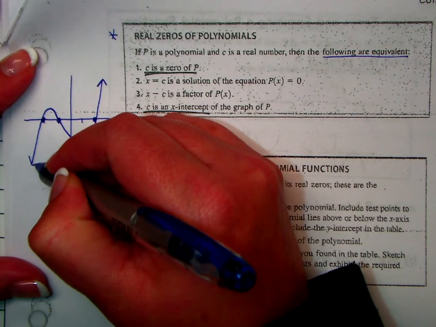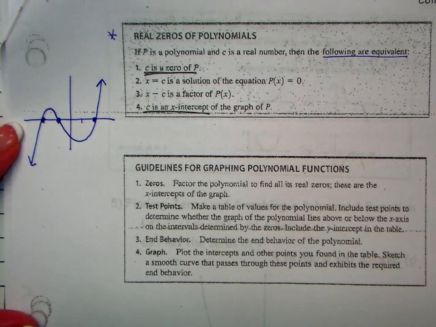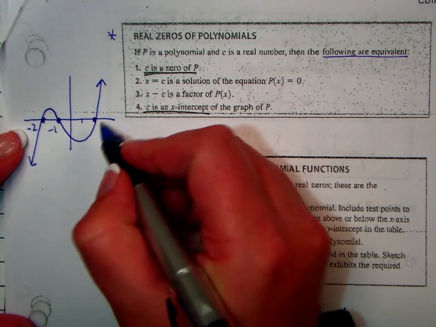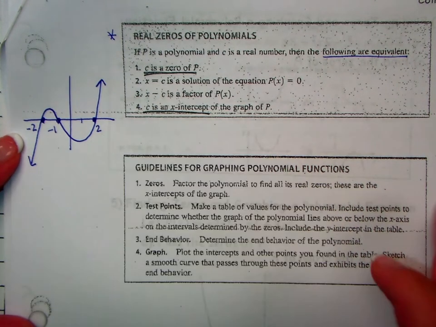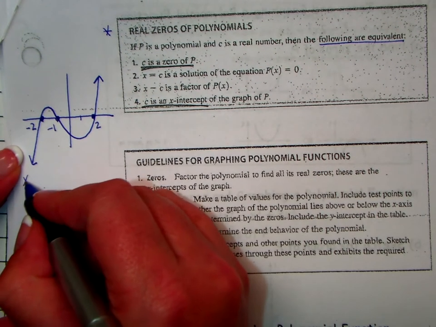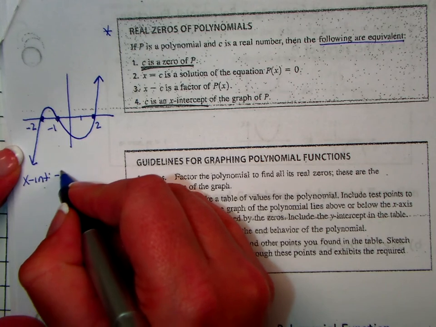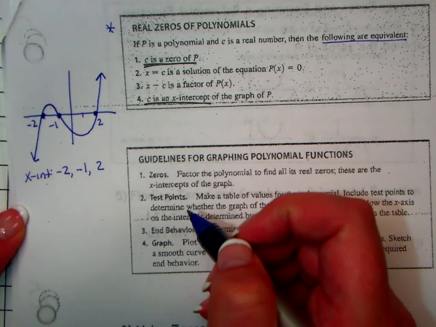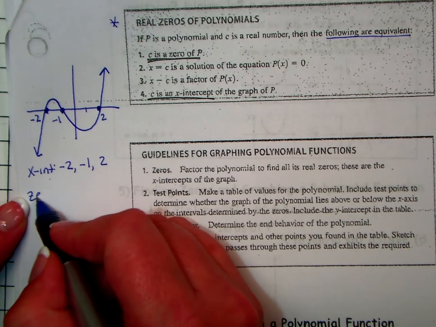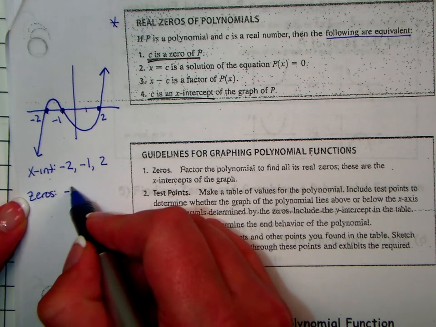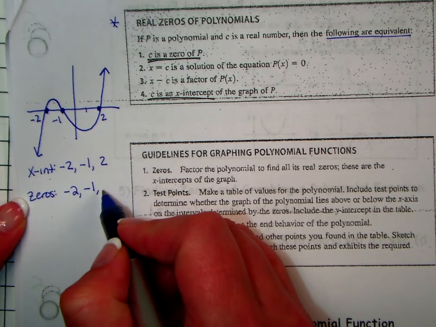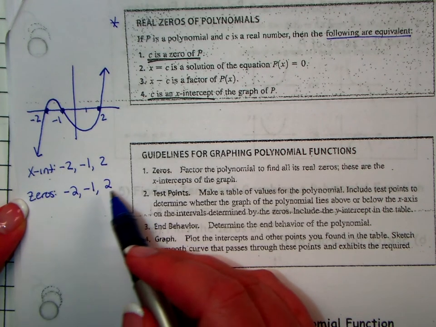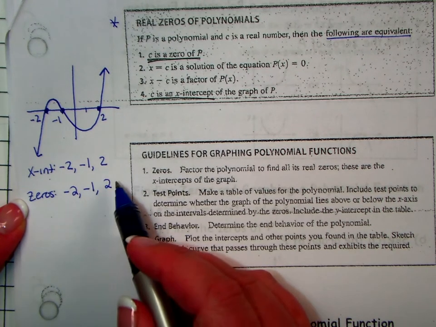Okay, say we had a graph that looked like this. So the graph is crossing at -2, it's crossing at -1, and it's crossing at 2. Okay, we have x-intercepts -2, -1, and 2. That's the same thing as saying the zeros of this function are -2, -1, and 2. And if we had a polynomial to solve, these would be what x equals, right? These would be our solutions.